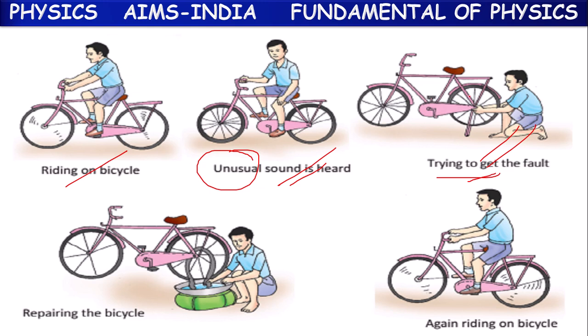Then, suppose if a stone is there or something is there, you will remove it, and you can repair the cycle by yourself. Again, you can ride the cycle. So in this way, as a common man you identified one problem and solved that problem. In the same way, scientists also identify the problems around us and find solutions for them.